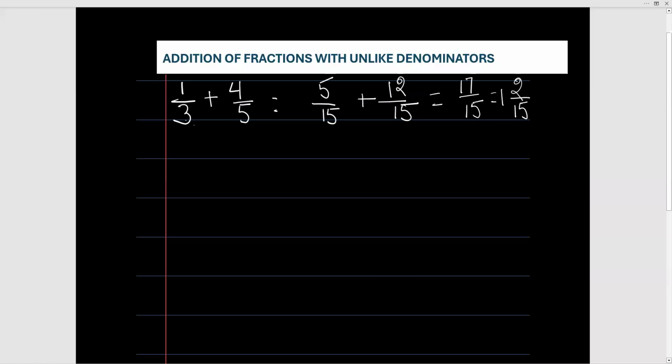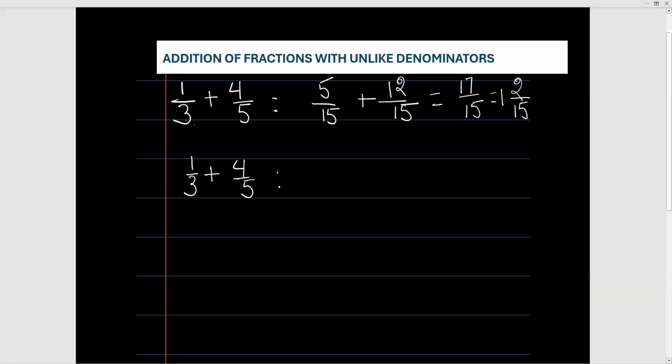Let's use the same exercise, and then we will do it a different way. We have 1/3 plus 4/5. Now, the second approach is to get this denominator right here, and multiply that to both parts of the first fraction.